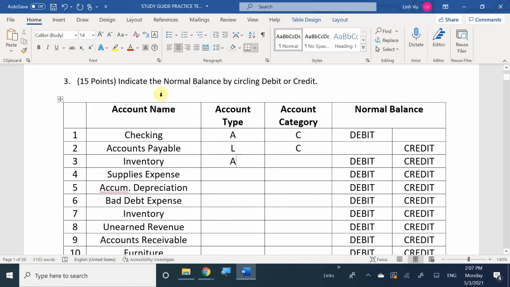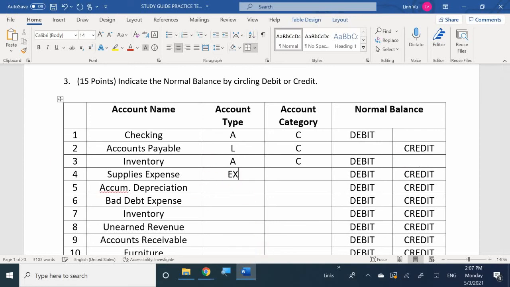Current, right? We may purchase our inventory items, but the one notion that we have is we can easily turn it around and sell it, all right, for cash. So it is definitely current. Now, what kind of account balance would it have? Debit. Yes, debit.